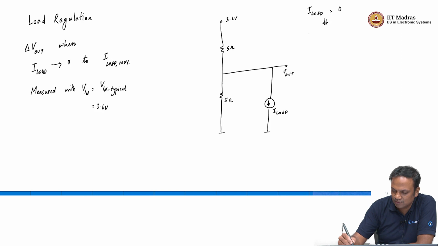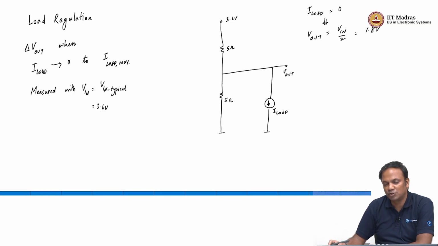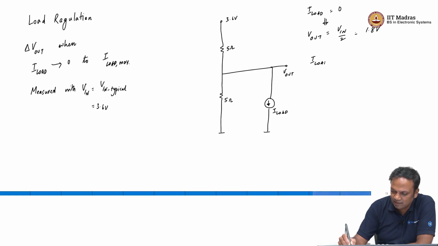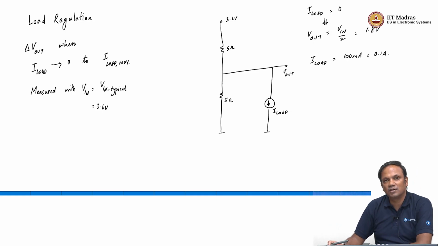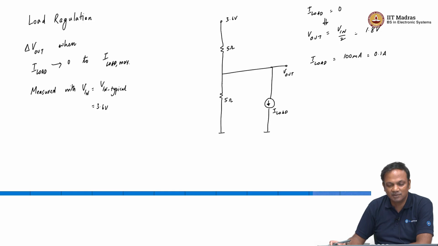When I load equal to 0, V out is just V in by 2, which is 1.8 volt. This is what you get when there is no load current. What happens when there is a load current? In our case, the load current is 100 milliamp, which is 0.1 amp. What happens when there is a load current of 100 milliamps? What you have to do is convert this Norton equivalent to a Thevenin equivalent.